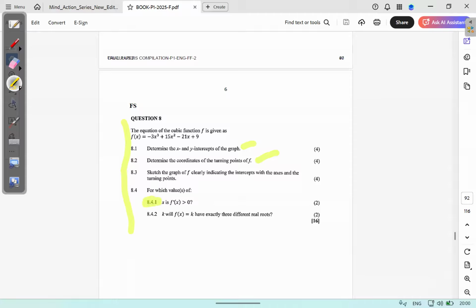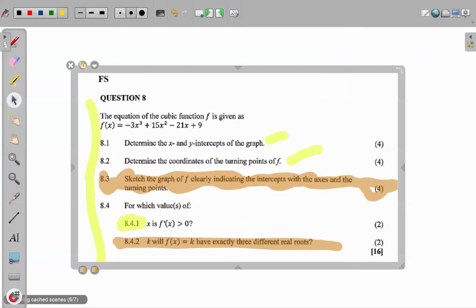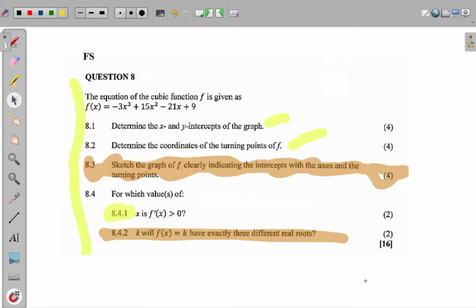You may skip this one because we're only going to sketch in the next lesson, so don't stress about this one. But if you can do these 3 questions, I'll be pretty much happy and impressed. Start with these ones. If you can do this, guys, I promise you, you're going places.